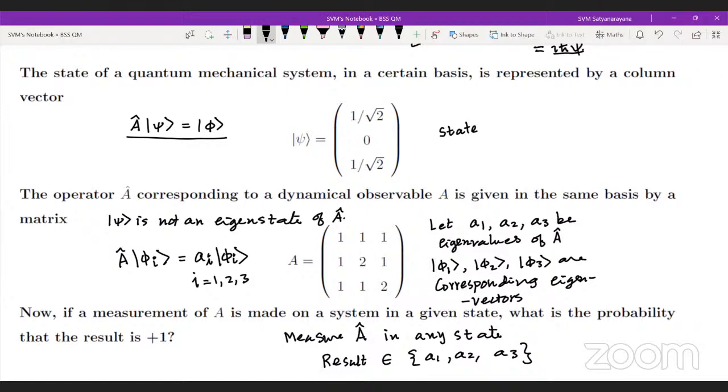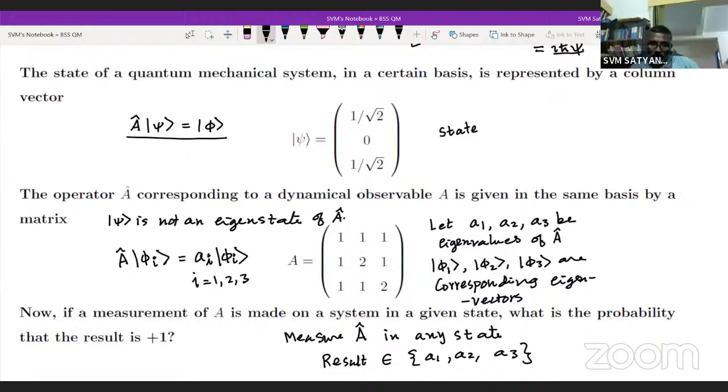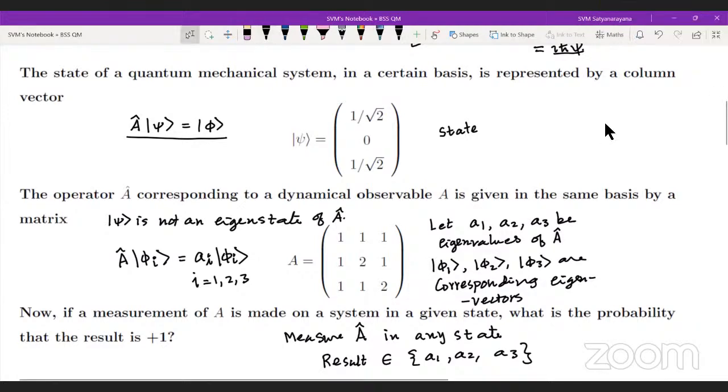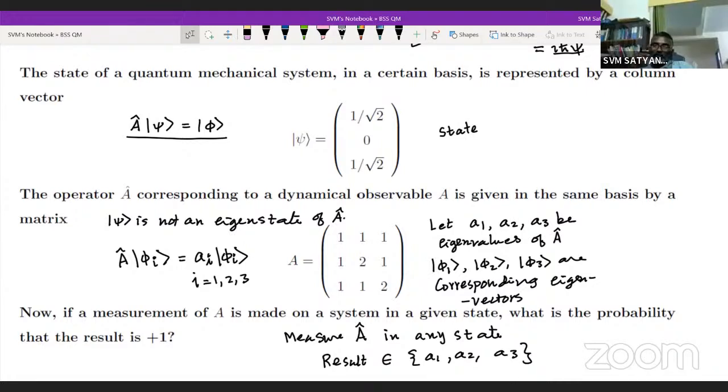But sir, can we operate an operator on any wave function which is not its eigenfunction? Why should you operate the operator on the wave function? To know the value of that observable. So what do you do if it is not an eigenstate?